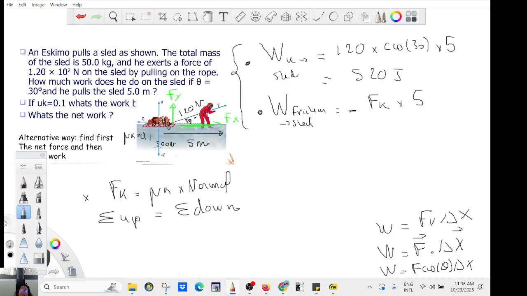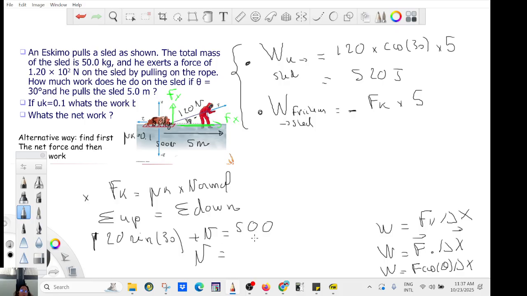Okay, so along the y-axis, everything up equals everything down. So we have the y component, which is 120 times, here is your y component, plus the normal force equals 500. Okay, so that's from last unit. So the normal force equals, this is 0.5, so that will be 60.